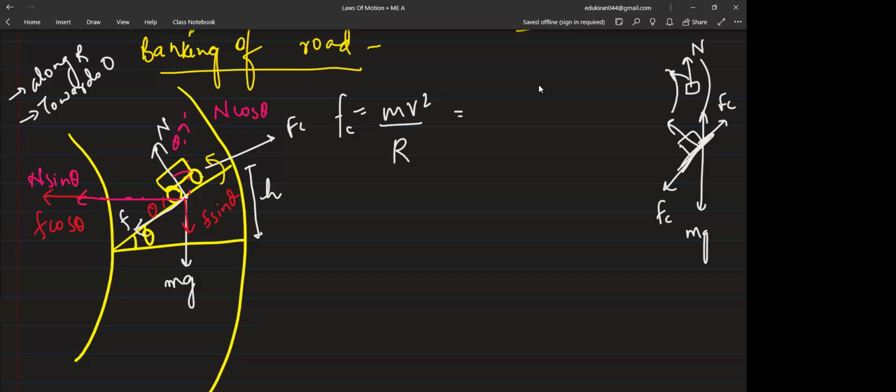Which all forces are acting along the radius and towards the center? Alina, tell me in the chat column. Take 2 minutes. Tell me which all forces are acting along the radius towards the center. Ma'am, F cos theta and N sin theta. Perfect.